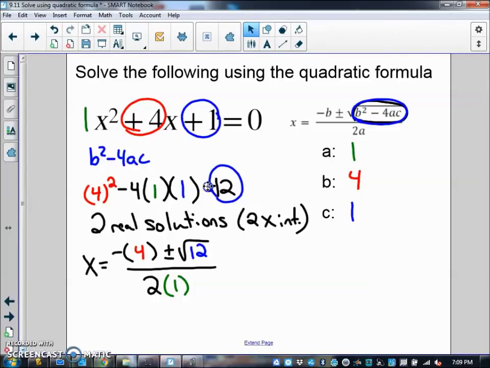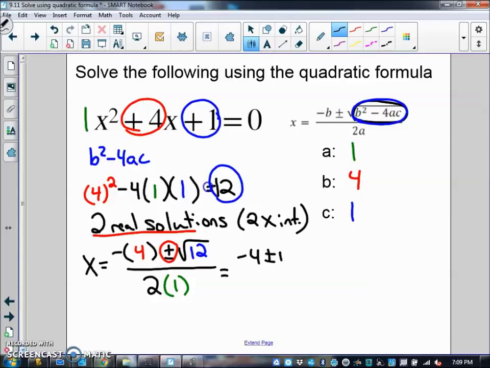Again, I expect that my two solutions, the fact that I have two real solutions, comes from here, the plus or minus. This will give me negative 4 plus or minus the square root of 12 over 2.